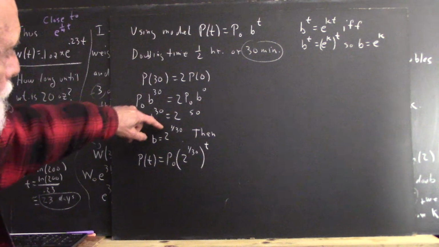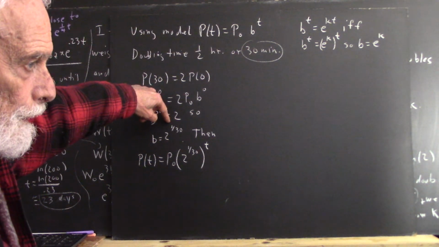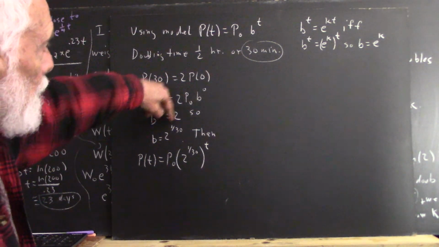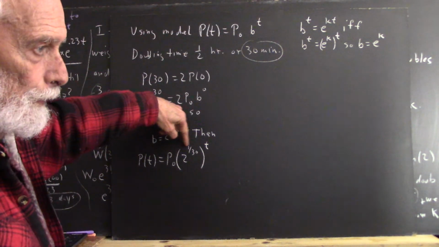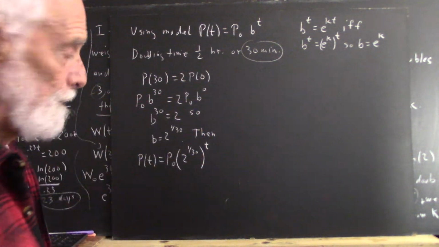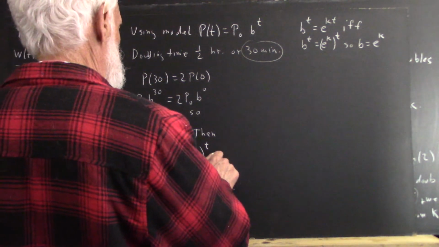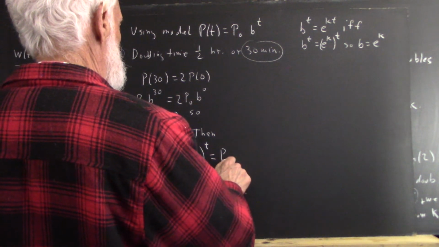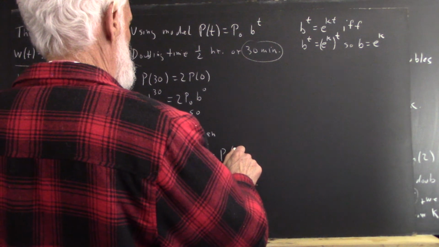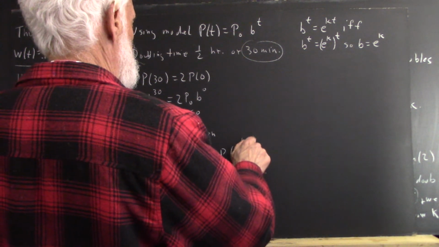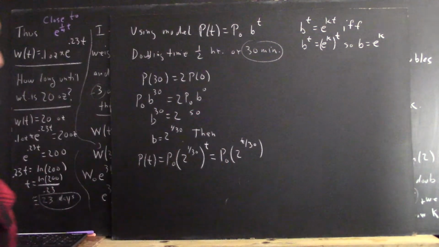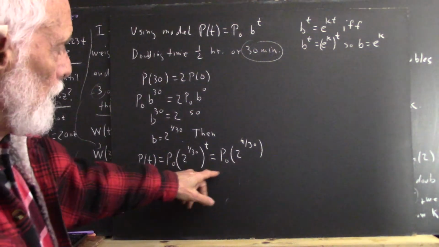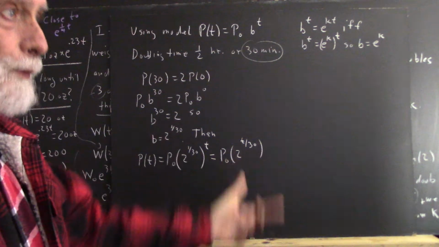Since now b is 2 to the 1/30th, then b to the t is 2 to the 1/30th raised to the t. So we get p0 times 2 to the t over 30, which is what you were seeing.